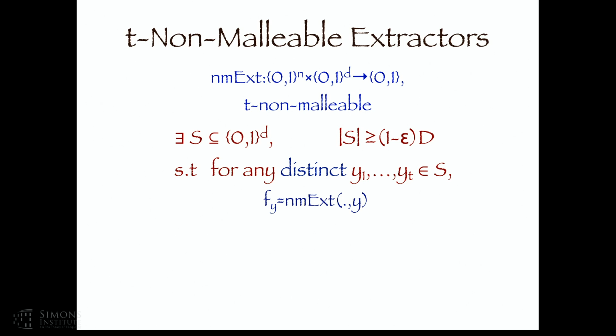The property is that there's a large fraction of seeds such that if you pick any t distinct seeds from this set, and look at the corresponding functions F_y, and apply F_y on the source X, then you'd want these to be independent and uniform. So the joint distribution of F_y1(X) through F_yt(X) is close to uniform. When t is 1, this is exactly a strong seeded extractor.